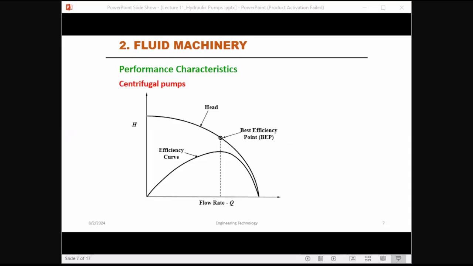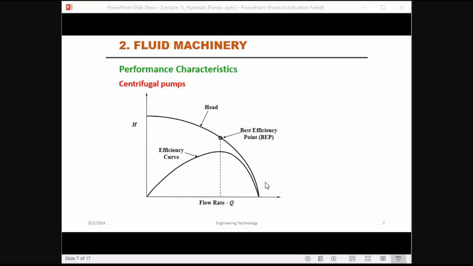In this graph, the vertical axis represents the head of the pump, and the horizontal axis represents the flow rate Q of the pump.